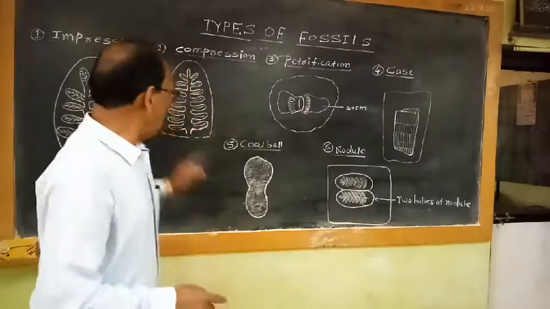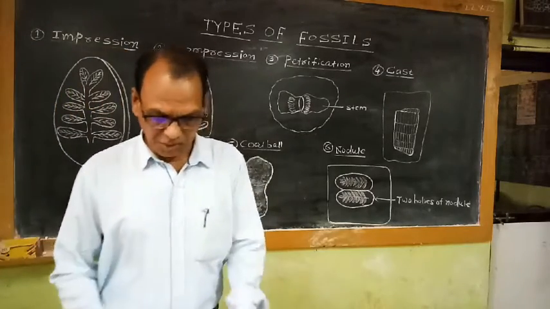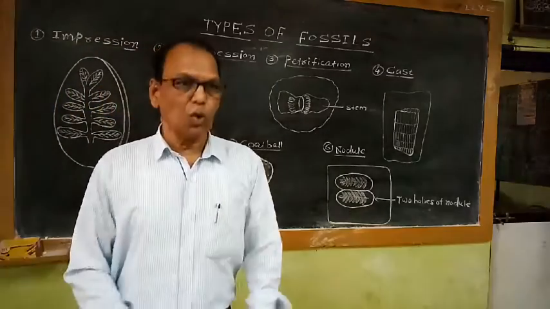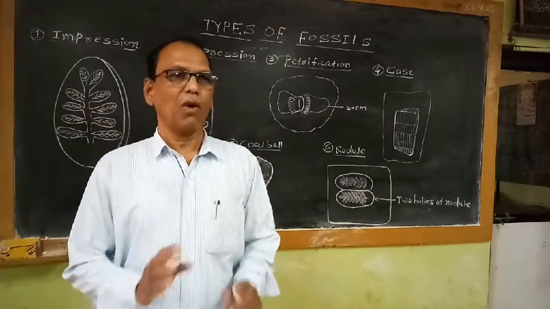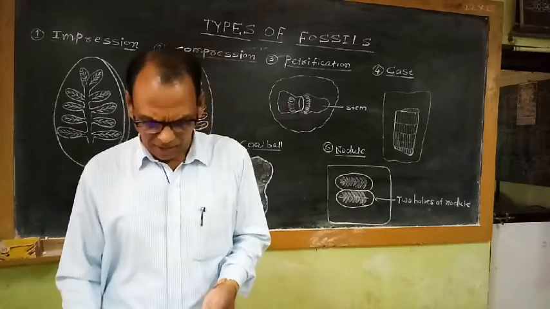That means no organic matter is preserved in this type of fossil. No cellular details are recorded in this type of fossil because of the absence of any organic matter.